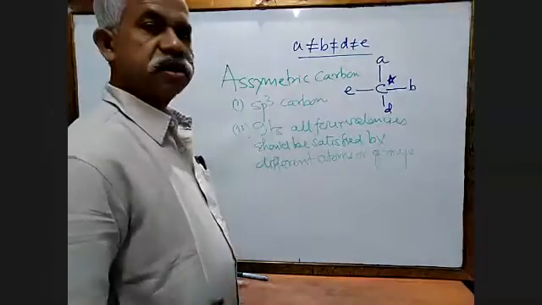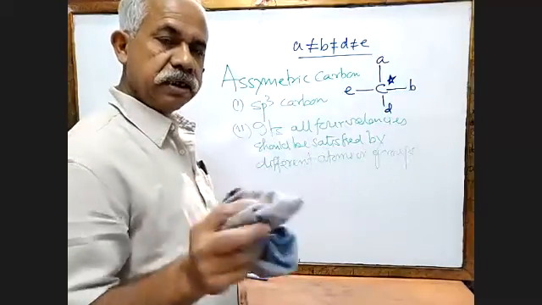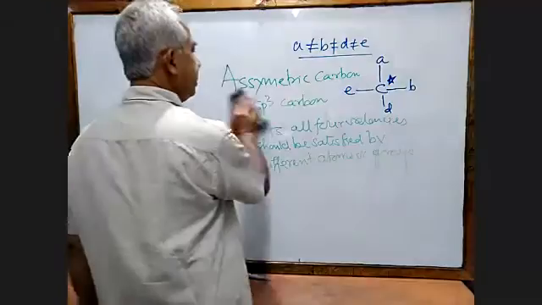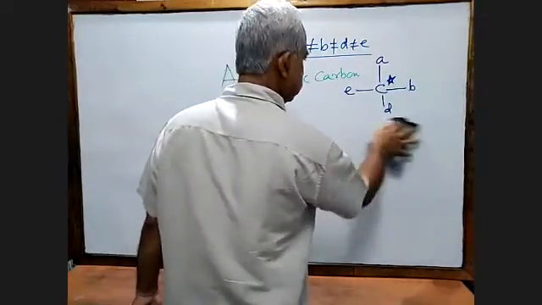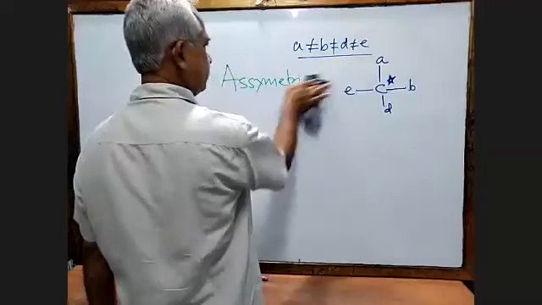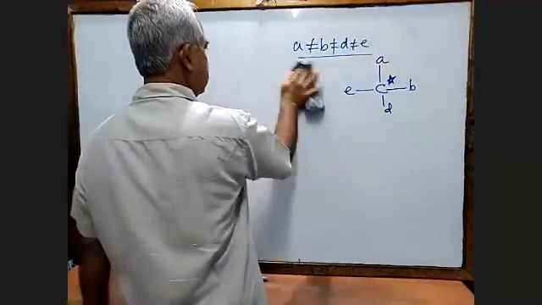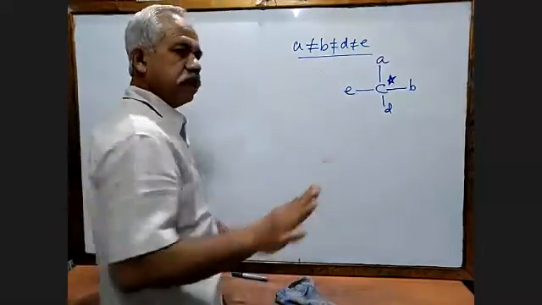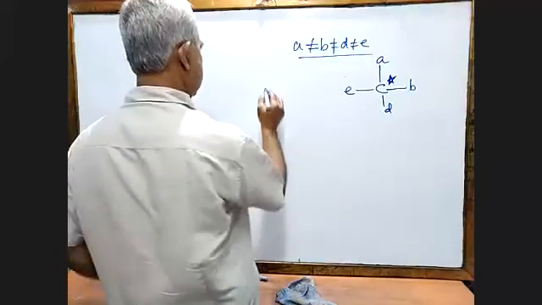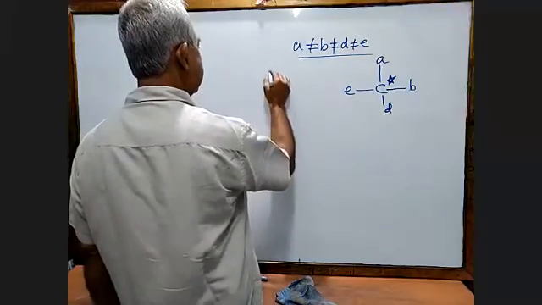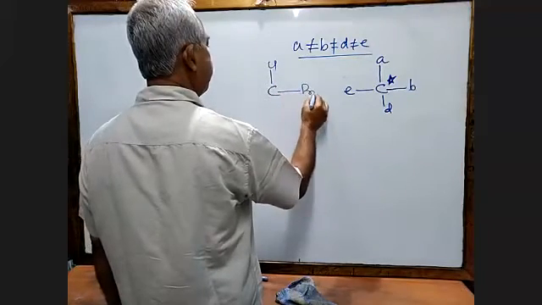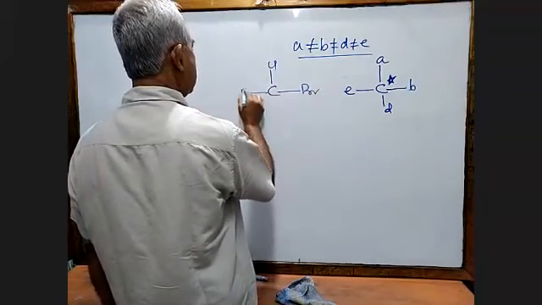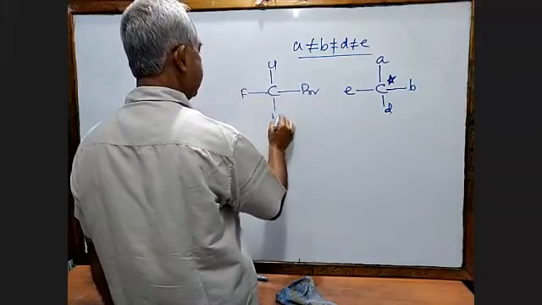So let us try to write the structure of an actual molecule. There are so many things to be discussed. First, I will write where all of them are atoms. Say I have taken here chlorine, bromine, fluorine, and hydrogen.